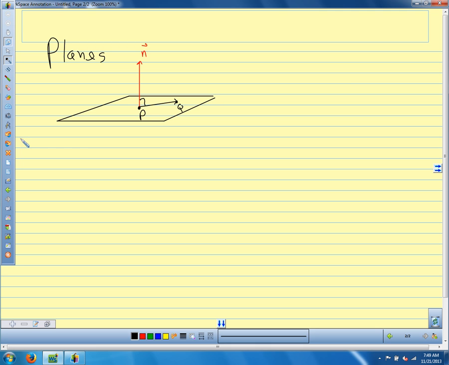So our plane contains the point P, and we'll call that x1, y1, z1. So we're given some point in the plane.